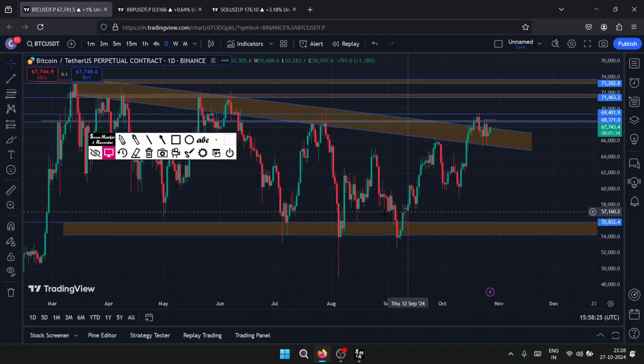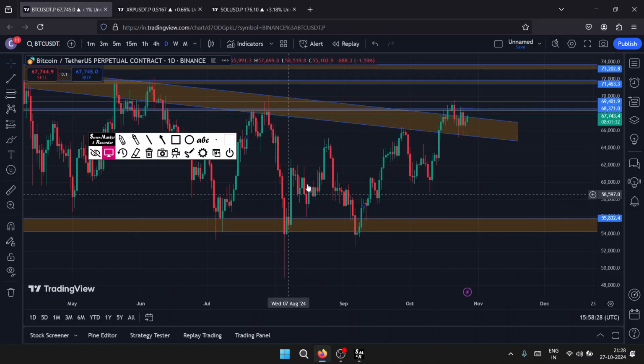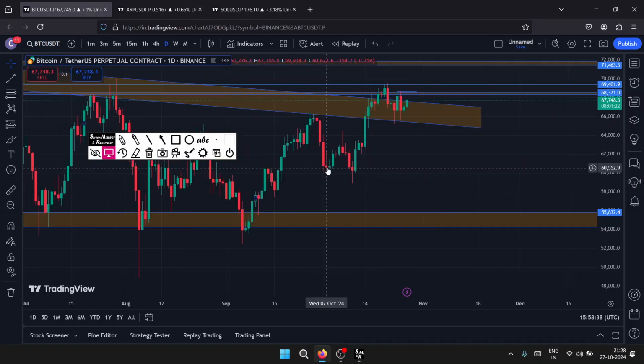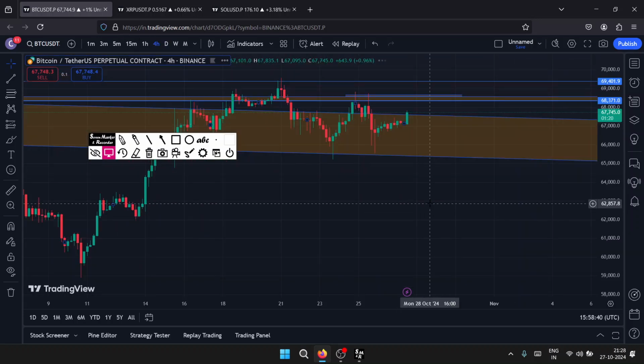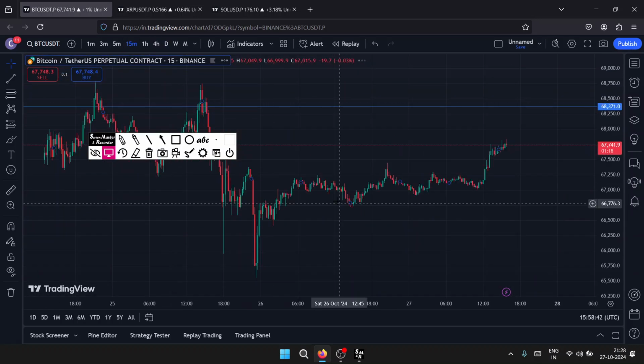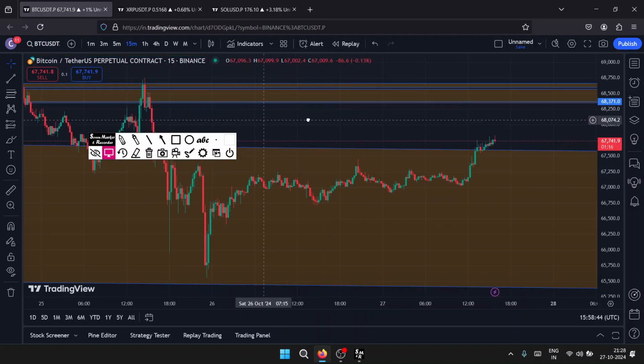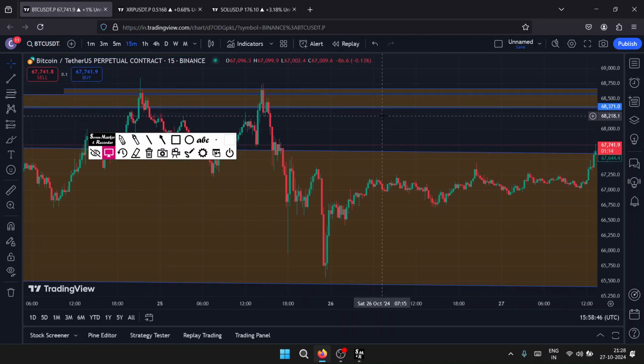Let me tell you one major thing. Many will have a doubt on where to trade, which pair they should choose to trade. If you are going for day positions, go to the one-day chart or 4-hour chart, or sometimes the 15-minute chart also for day positions. When you are opting for a huge liquidity difference, then go for 15 minutes also.